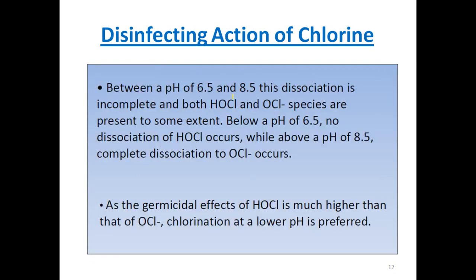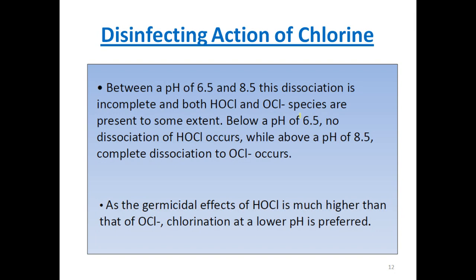Now, the disinfecting action of chlorine. Between a pH of 6.5 and 8.5, this dissociation is incomplete and both hypochlorous acid and hypochlorite ions are present to some extent. Below a pH of 6.5, there is no dissociation of hypochlorous acid into hypochlorite ions.